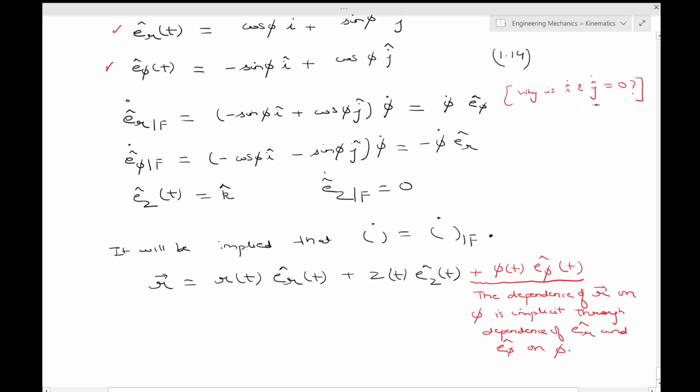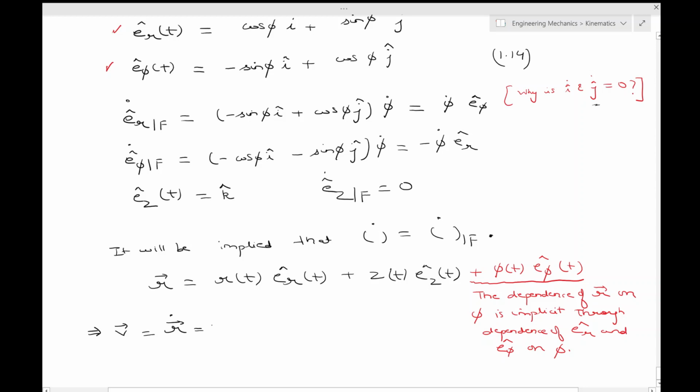Now with this as the position vector, you want to write the velocity, that will be equal to r dot. We'll use the chain rule over here.